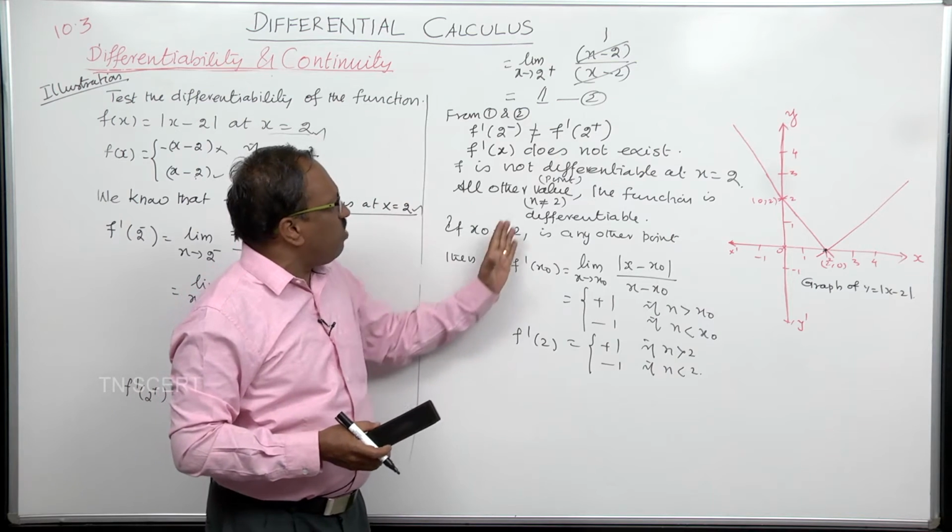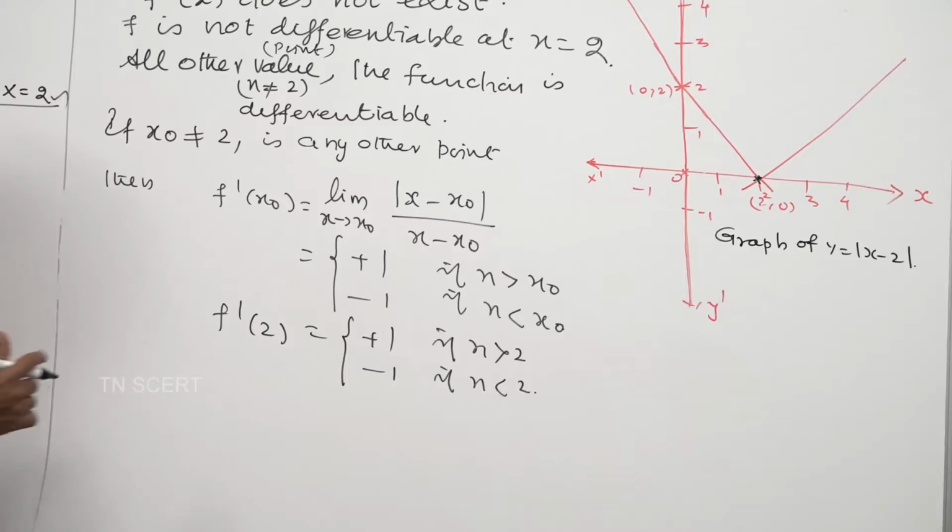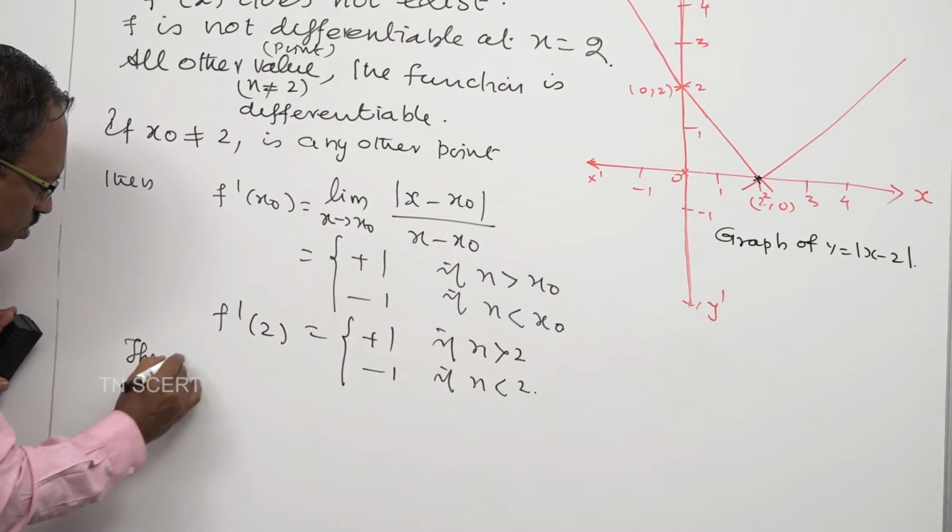So that means f dash of x does not exist there. What about the curve?